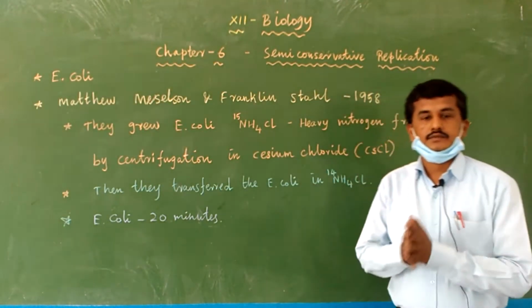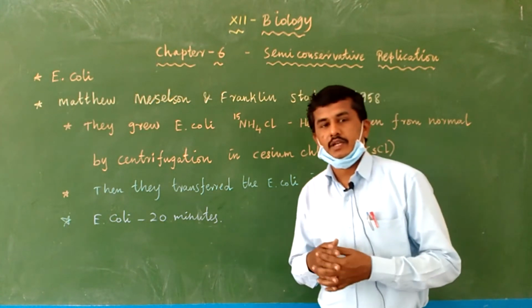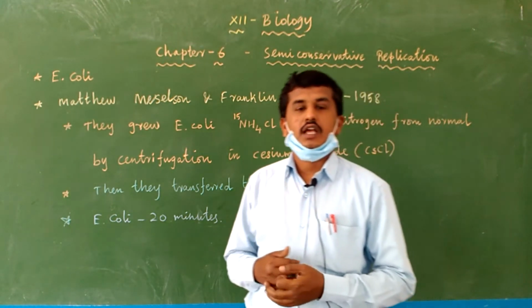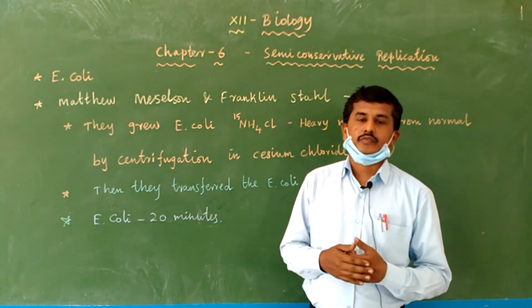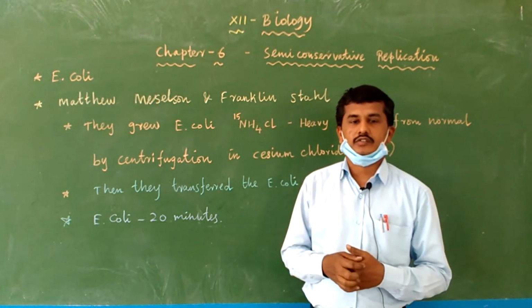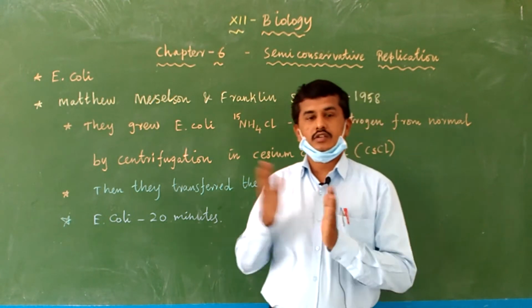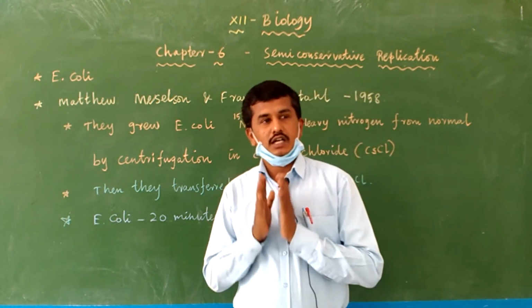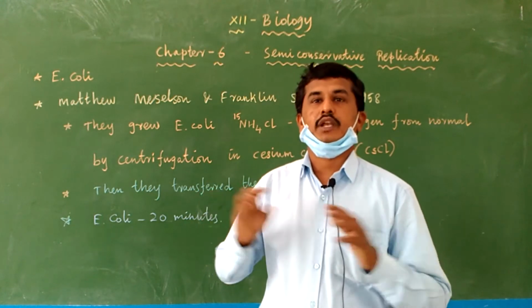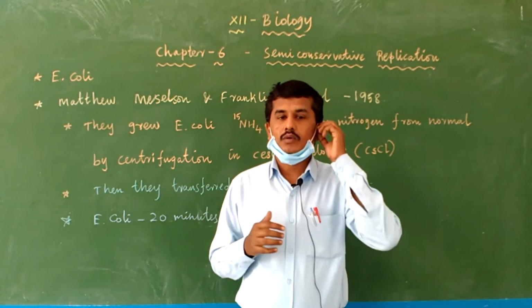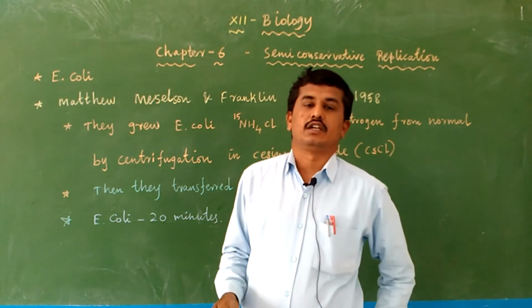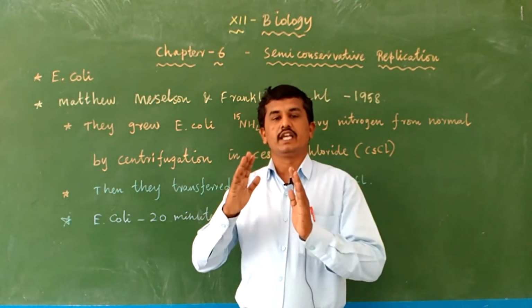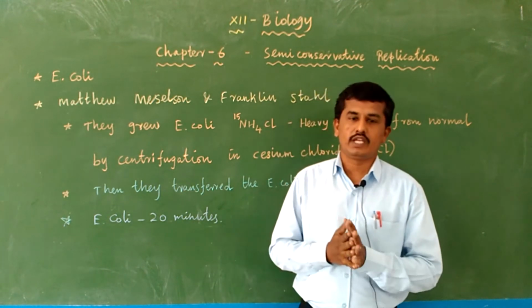Good morning. So far we have completed various topics in 12th standard biology, chapter 6, molecular basis of inheritance. In last class, we learned what is meant by replication, how replication is functioning, how one DNA is converted into 2 DNA.